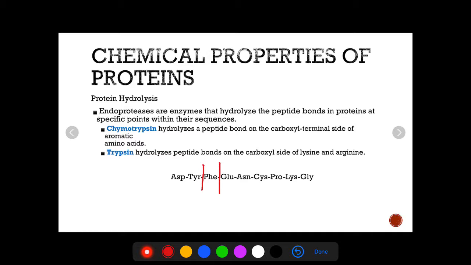So that's where the peptide bonds would be broken. Now, if we were to use trypsin, then the bond would be hydrolyzed here with lysine. So that's just an example of enzymes that can break those bonds at specific points in the primary protein structure.